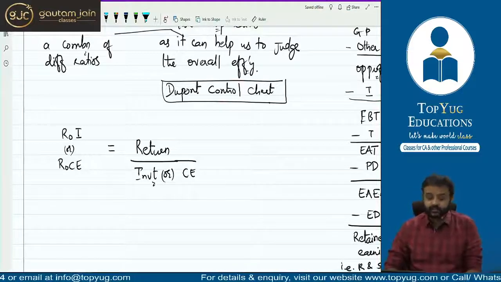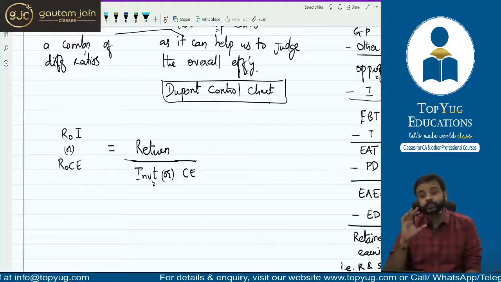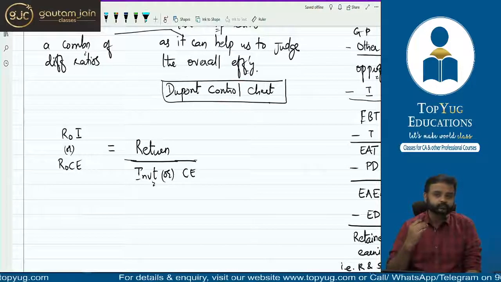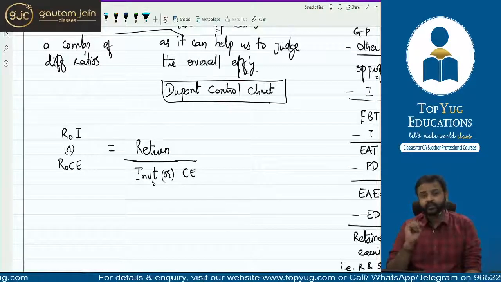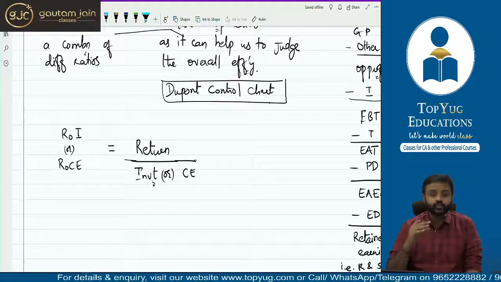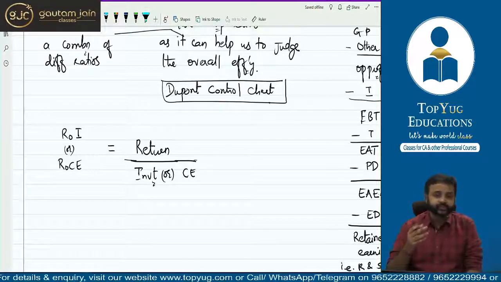So now the question comes that which particular return do we need to take? Which particular profit do we need to take? Now guys, please tell me, capital employed means what? Debt plus equity. What will we give to the debt providers? We'll say interest. What will we give to the shareholders, that is equity? We'll say, sir, dividend.